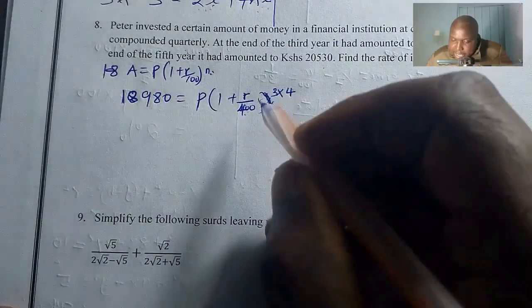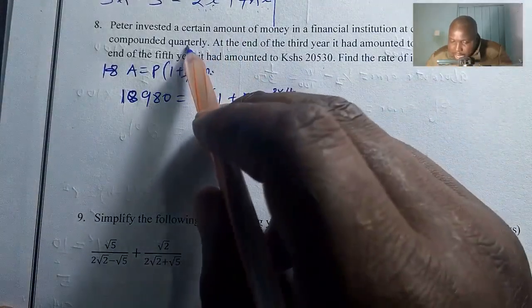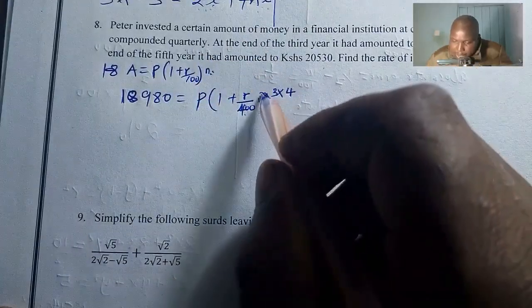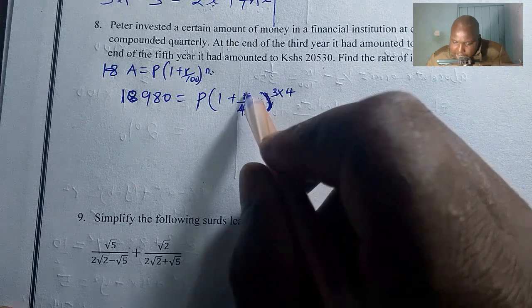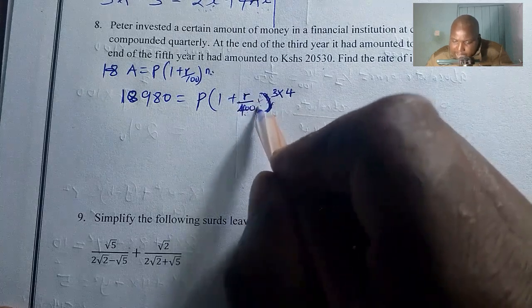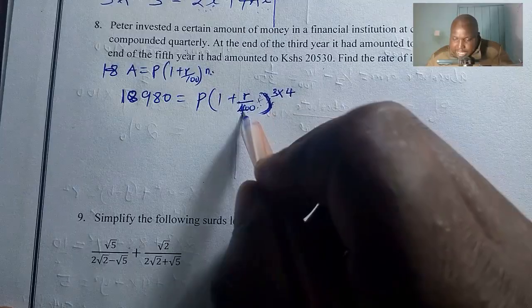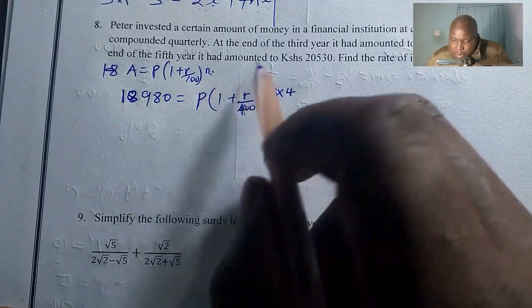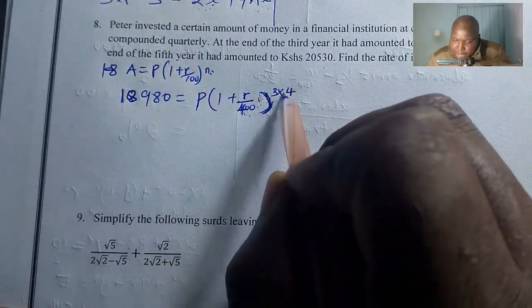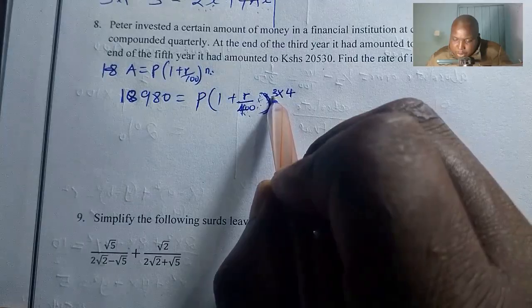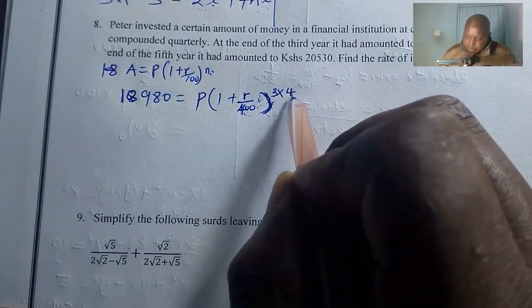So you multiply by 1 over 2 if half yearly, or 1 over 4 if quarterly. So r times 1 over 4 over 100 becomes r over 400. Then you multiply the n by the 4. Our n was 3 times 4, which is going to be 12.